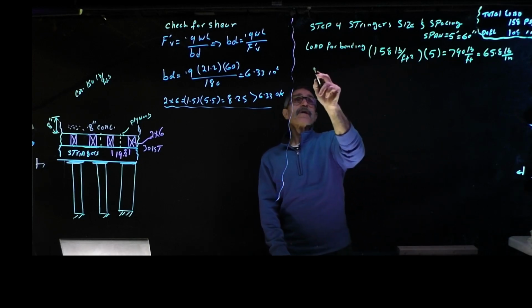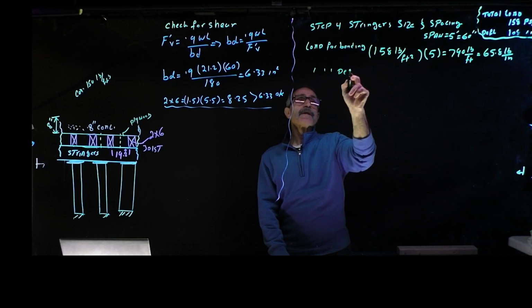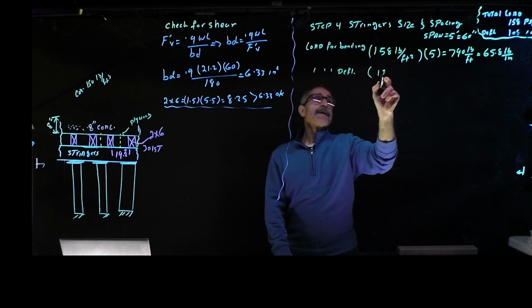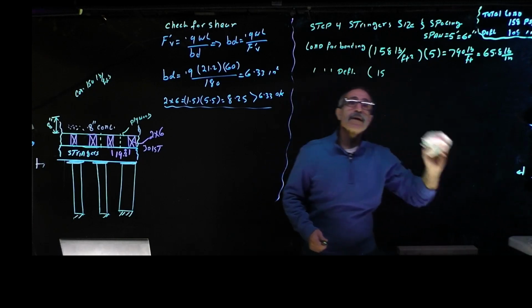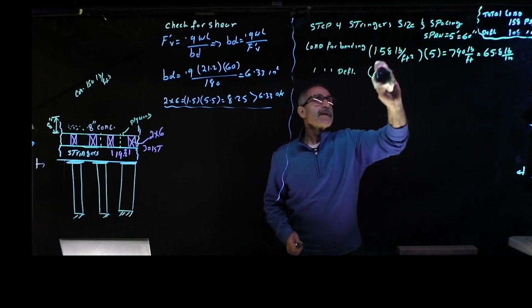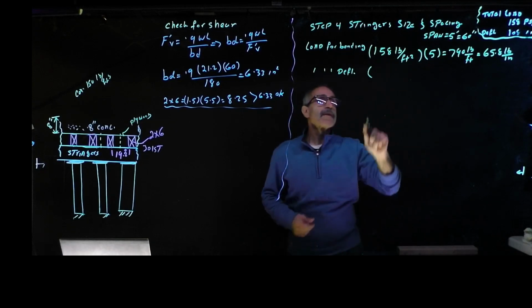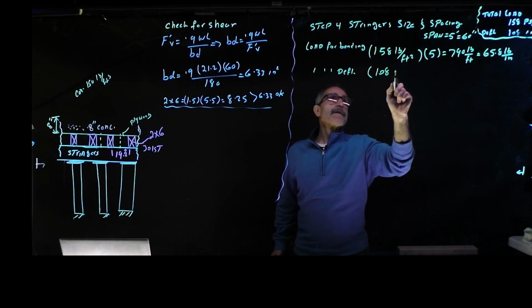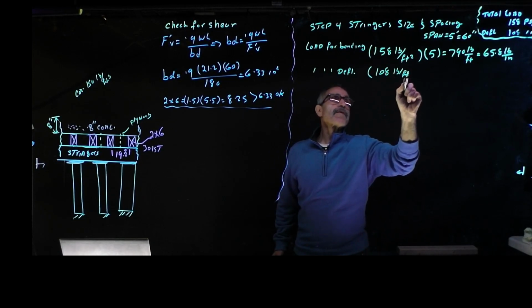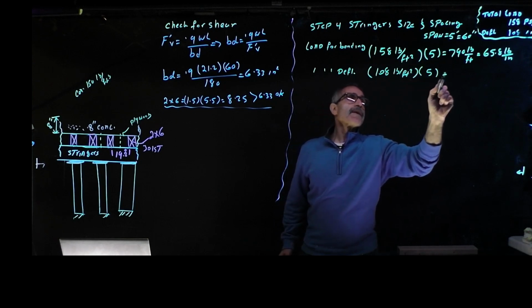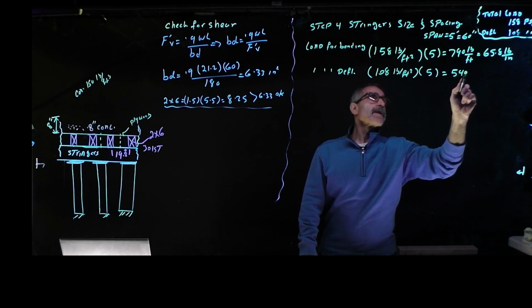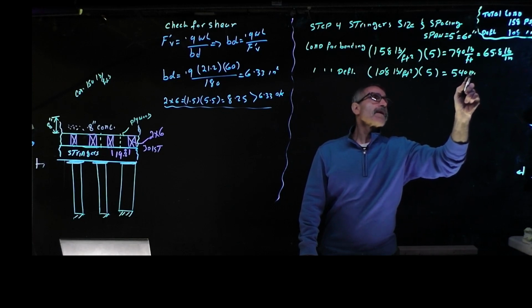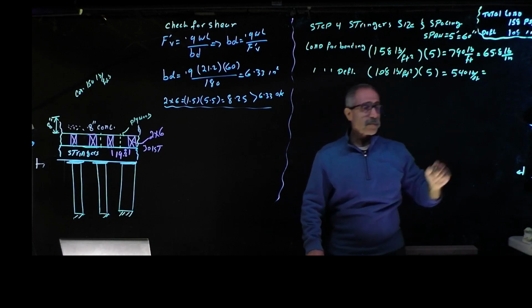Then the load for deflection is going to be the same thing, no, not 158, I take it back, I lied, 108. I put it out there so I can remind myself. 108 pounds per square foot times 5 feet comes out to 540 pounds per foot, which is the same as 45 pounds per inch.